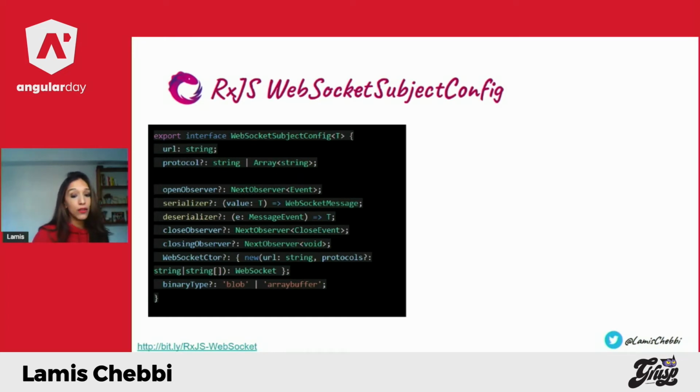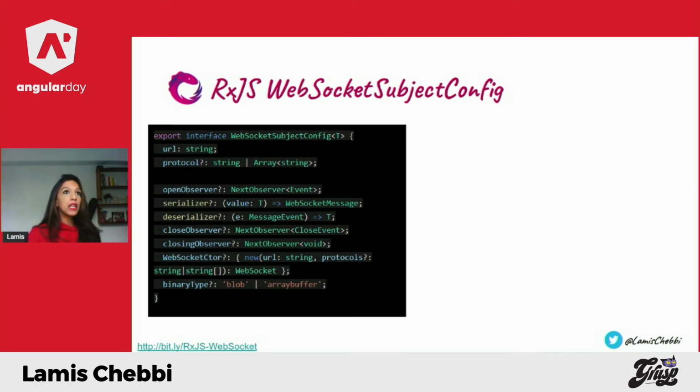Now let's move to the RxJS WebSocket subject config, which is the special object I told you about in the first slide, when I said that there are two instantiation types: the first one with the string and the second one with the object. This is the special kind of object, the WebSocket subject config, which is implemented to handle customization around the RxJS WebSocket subject.